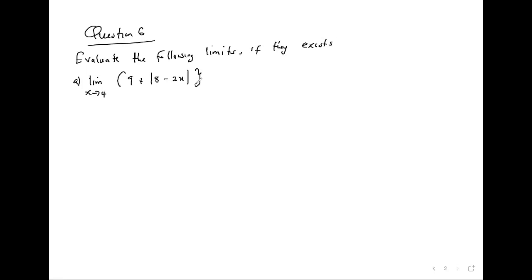So, if I'm given this kind of a function, I know the absolute value, when I have the absolute value, I'm supposed to redefine and get rid of the absolute. So I do 8 minus 2x if 8 minus 2x is greater or equal to 0, I also do minus 8 minus 2x if this is less than 0.